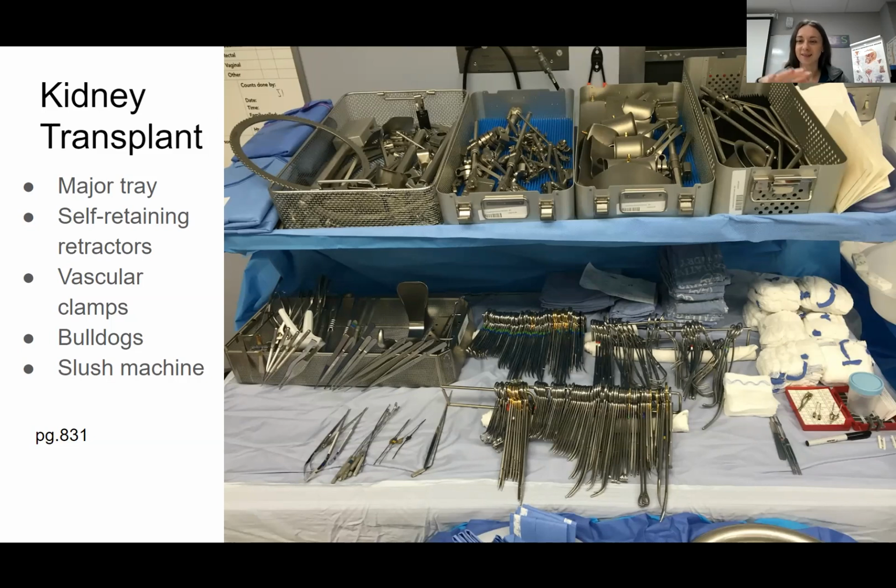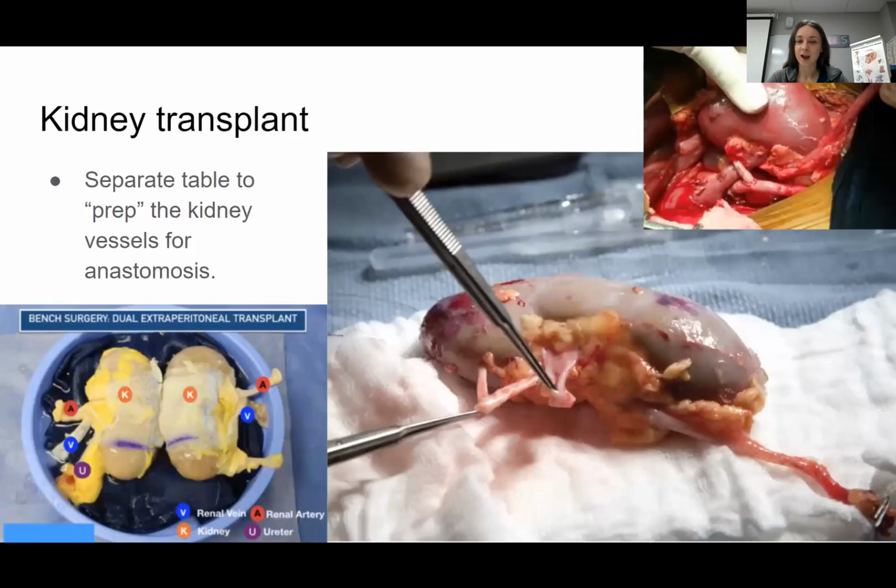It's all a nice slush the whole time. Got a little margarita machine in the OR making your slush for you. And then this part I added in for you so you will know that if you ever get to do a kidney transplant, sometimes they're going to call it back benching or a back table that's prepping the vessels for anastomosis. So if they get that kidney out, they want to prepare it.